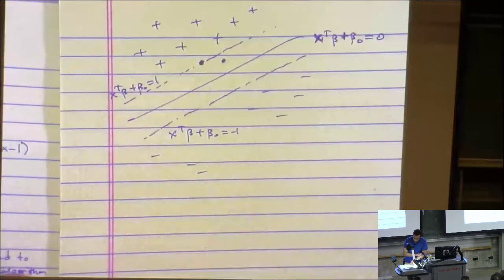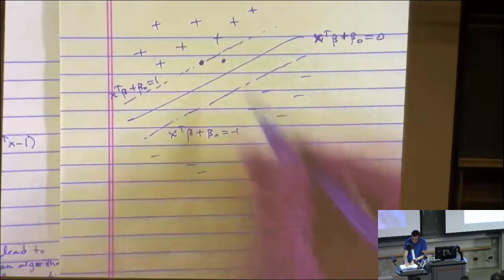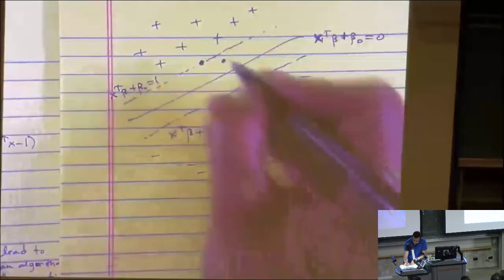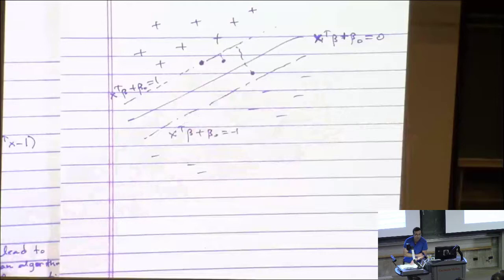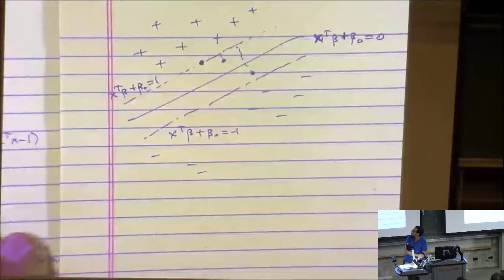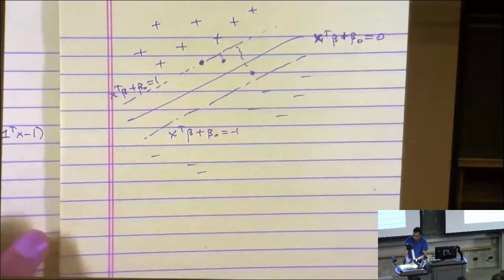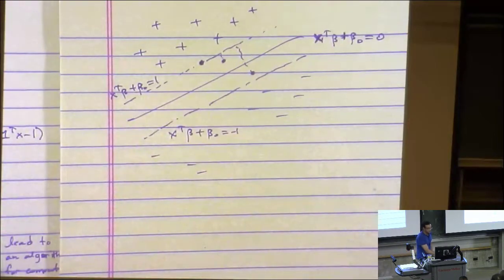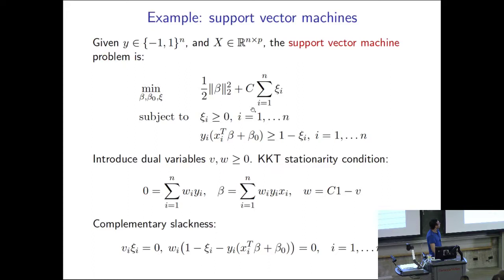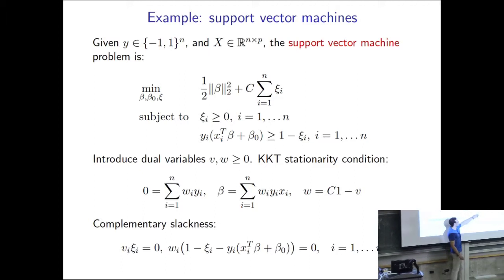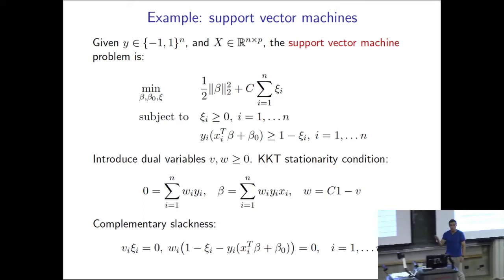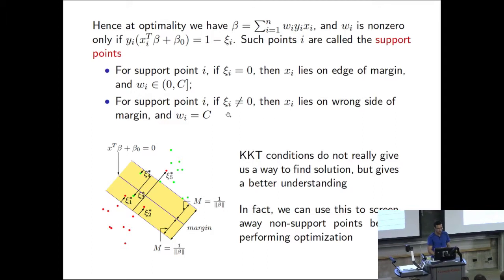If psi i was big enough, the point could even be on the wrong side of the decision boundary. It doesn't have to be on the correct side of the decision boundary. But in any case, these are non-zero values of psi i. And if we look back at complementary slackness, that forces vi to be equal to 0, because psi i is non-zero. That in turn forces w to be equal to C in that component. So the dual variable is maximal, largest at such support points.